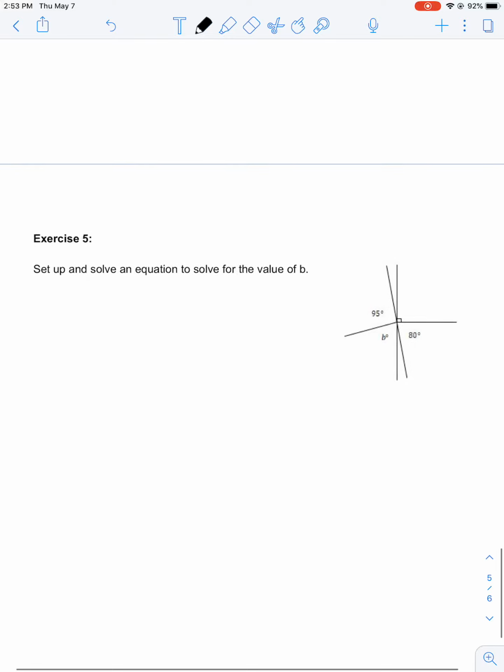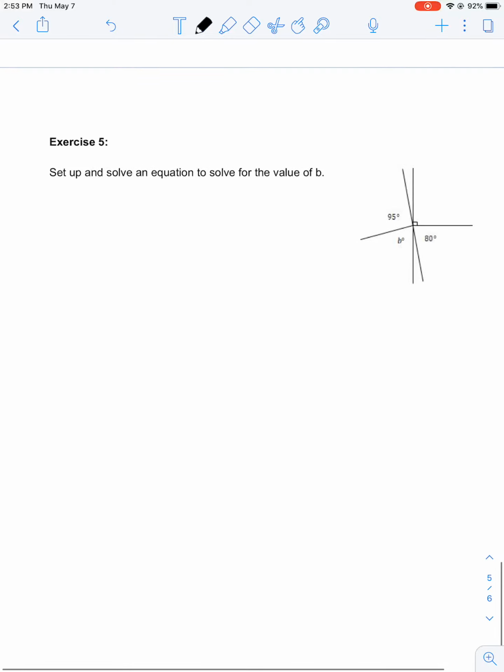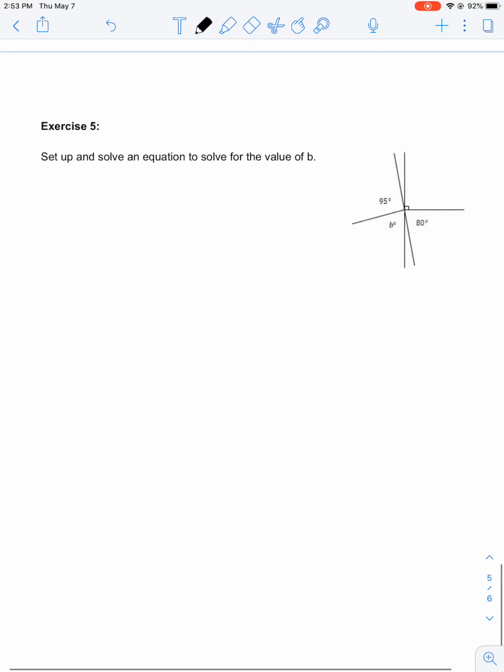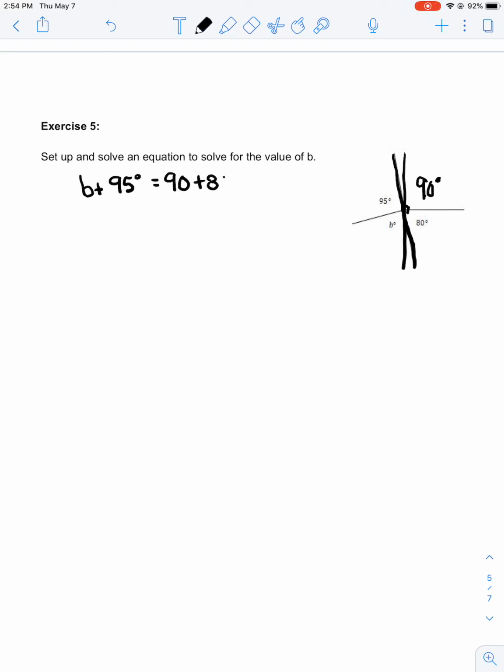Exercise 5, and I believe is our last question. Here, be careful. It's a little difficult to see, but here are my 2 angles right here and right here. And remember, this is our 90-degree angle right here. So we have B plus 95 degrees equals 90 plus 80.